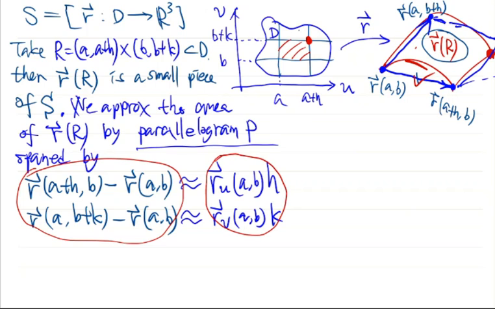Therefore, after these two steps of approximation, the area of r(R), denoted by d sigma.